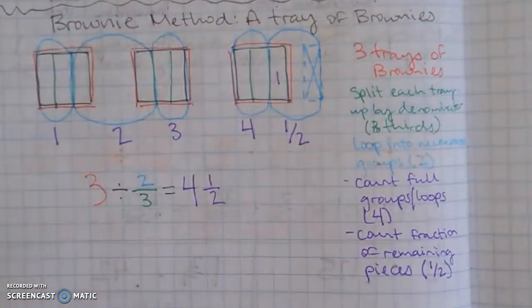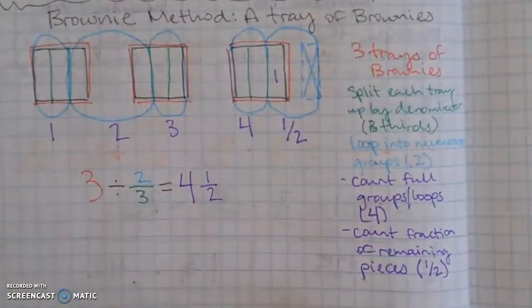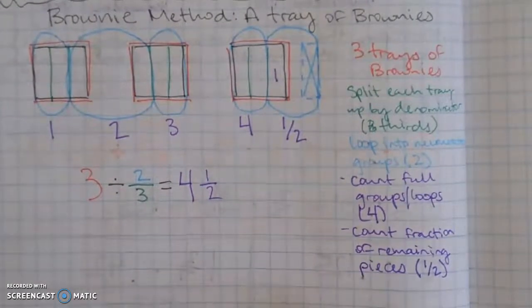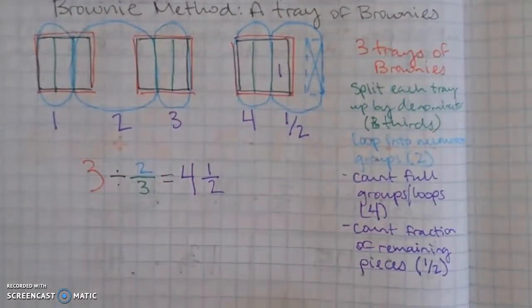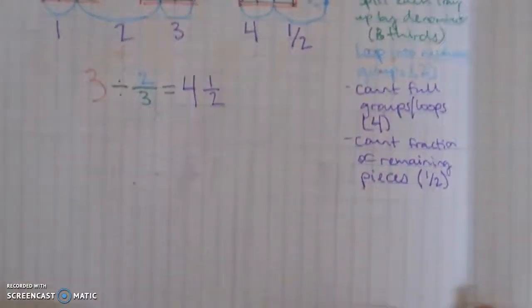Okay, so that's how you would divide using a whole number for a unit fraction. Sometimes it'll be easier, sometimes it'll be this complicated. I wanted to show you one that was that complicated.